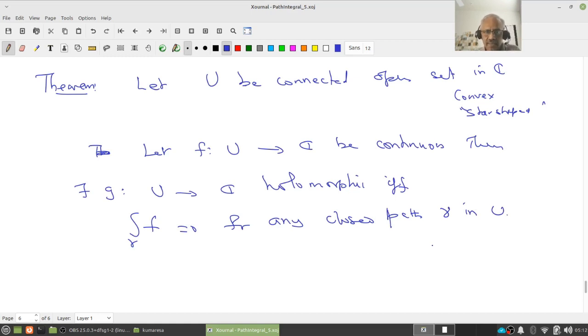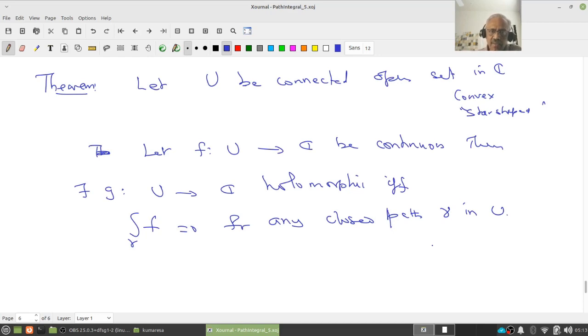Please understand what you have just seen. You have seen that if I have a closed path, a continuous function on its trace, and it admits a primitive, which should be holomorphic on the entire open set, such that when restricted to the trace of gamma the derivative coincides with F, then we have seen the integral of F over gamma is 0.